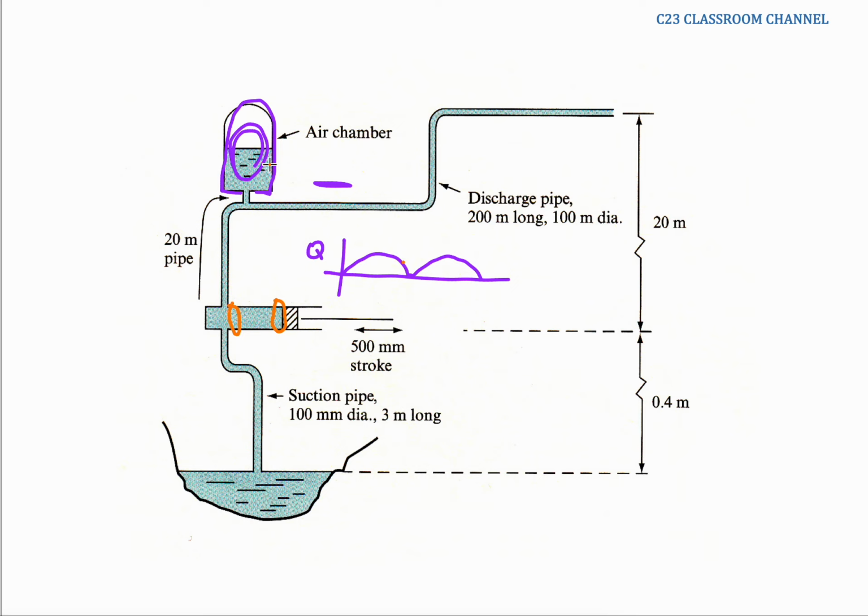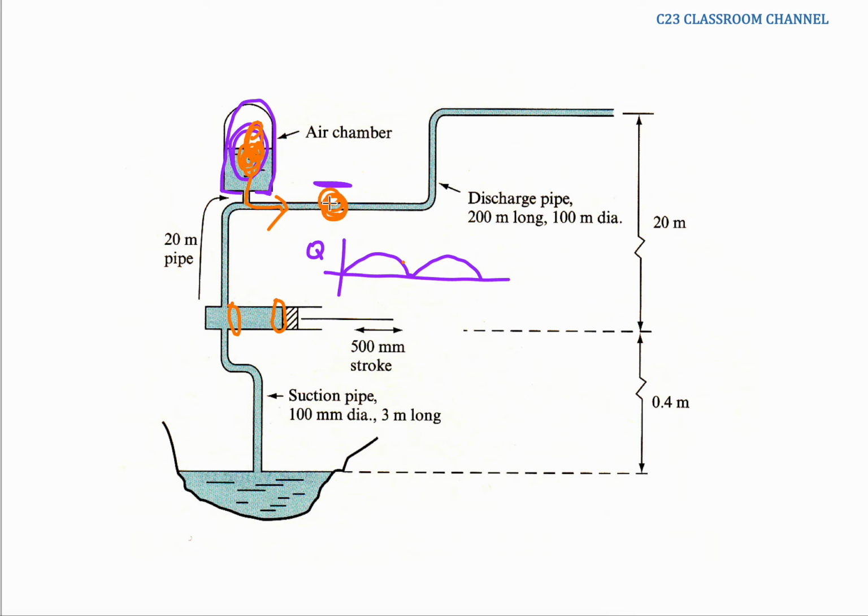At that time, the water stored in this air vessel will flow together into this outlet pipe. This mechanism makes the flow inside the pipe after the air vessel flow like a normal flow in a pipe.